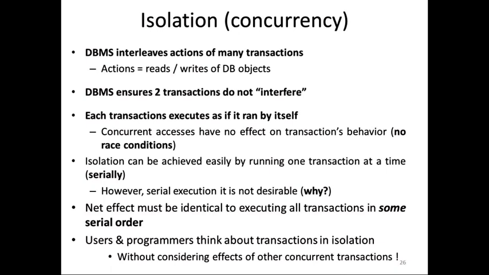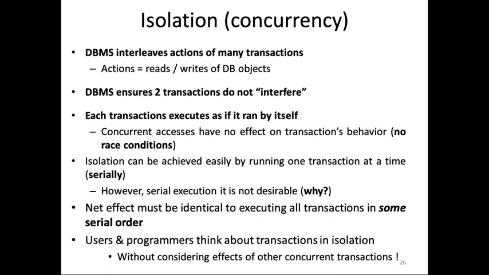But we also said that this is not really interesting because of performance. We cannot afford to execute just one transaction at a time. For throughput and latency, we must accept that transactions should be executed in parallel instead of serially. And so the database management system must find better ways, better ideas than serial execution in order to ensure isolation and in order to avoid race conditions like the ones we saw before on the price being modified twice.